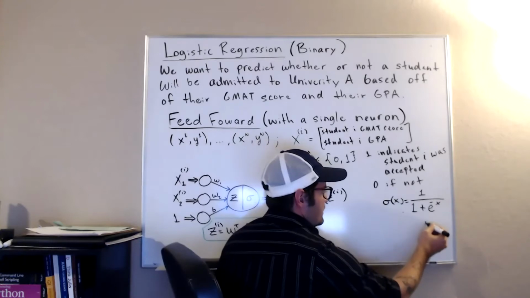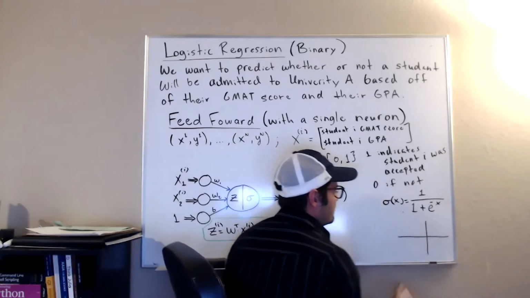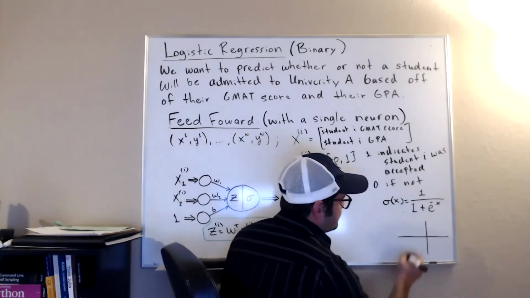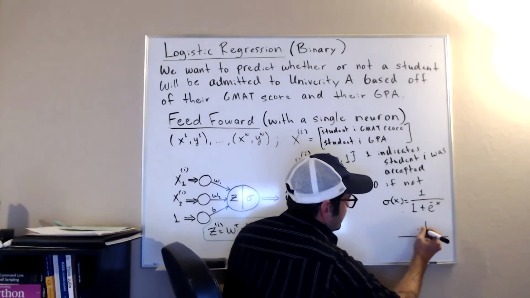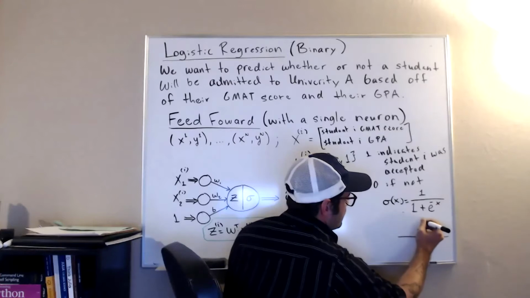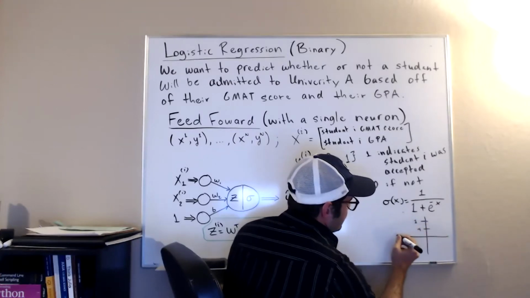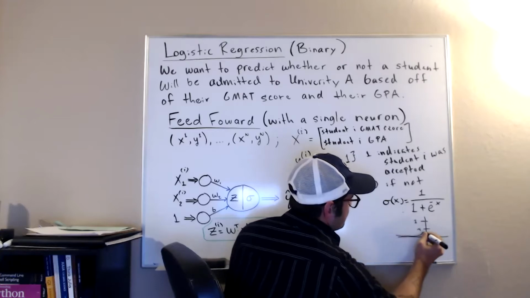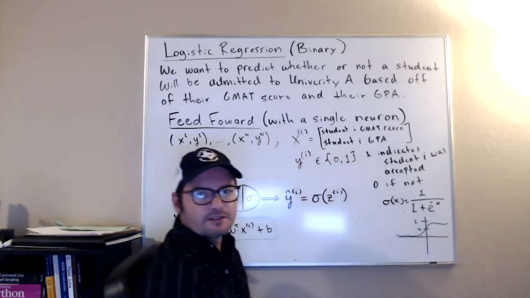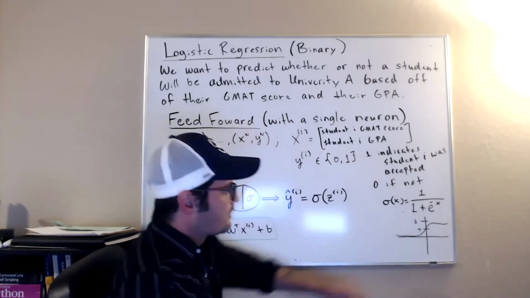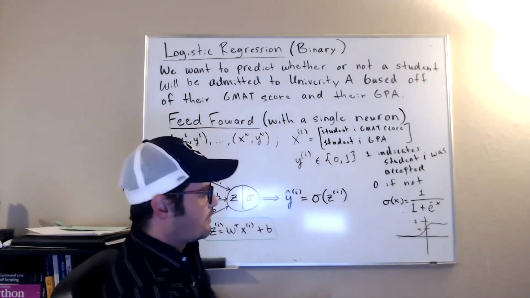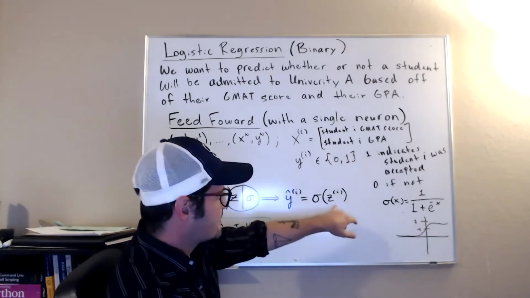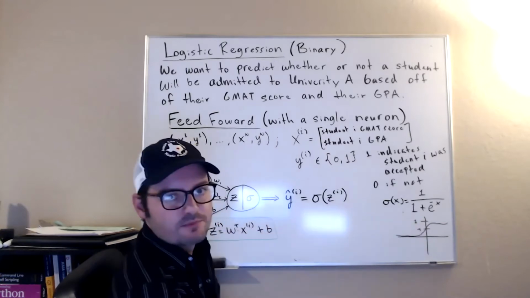And if you plot this function in the xy plane, you see that this is 0.5 and this is 1, right? It looks like this. It kind of has an S shape to it. But all the values are squeezed between 0 and 1 for all the real number line. So this is going to give us what we're going to interpret as a probability.